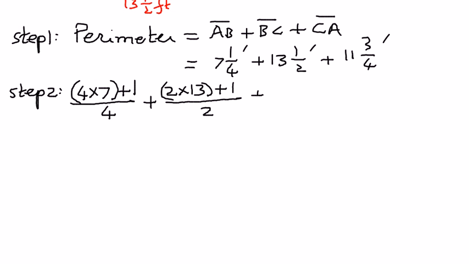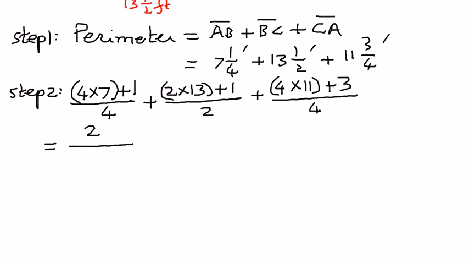In the third expression, we have 4 in the denominator multiplied to the number on the side, which is 11, plus the number we have in the numerator, which is 3. The whole expression is divided by 4. So when we simplify this, it comes out as follows. 7 times 4 is 28, plus 1 is 29 divided by 4.